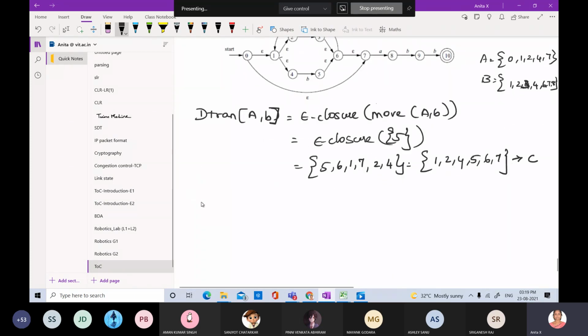I have to proceed constructing Dtran of B comma A, and similarly, Dtran of B comma B. Okay, so please do try constructing this. I will be randomly asking you for the answer.